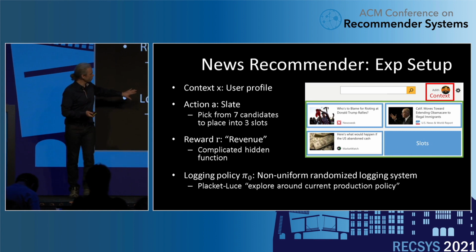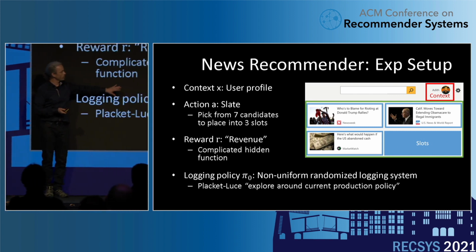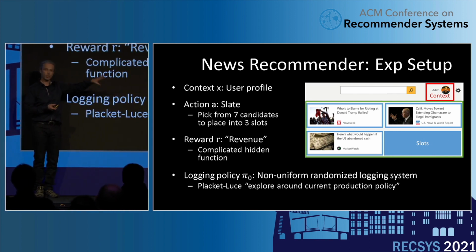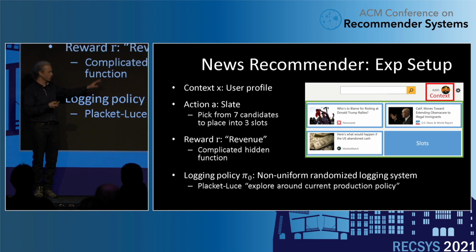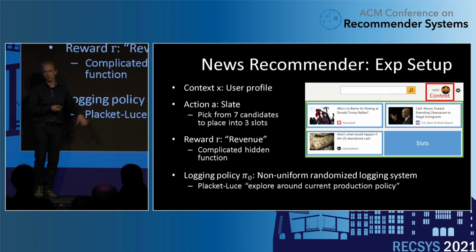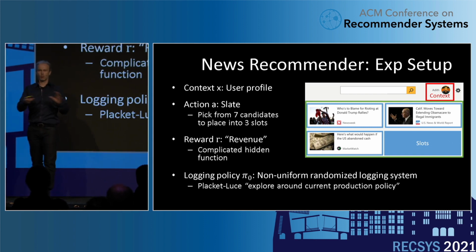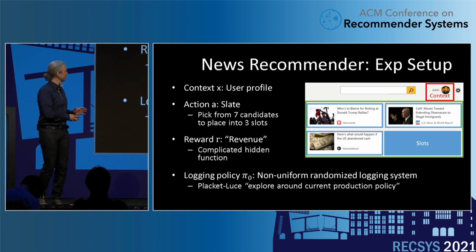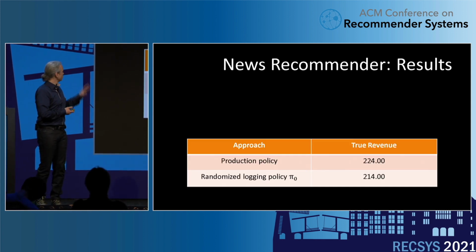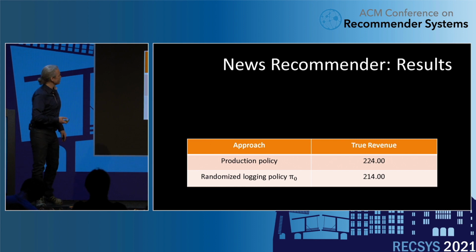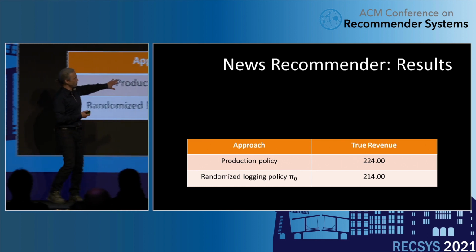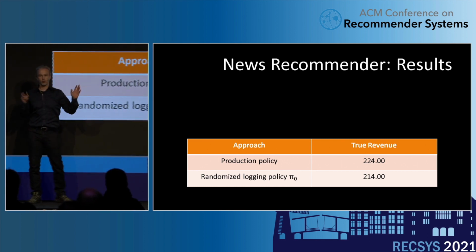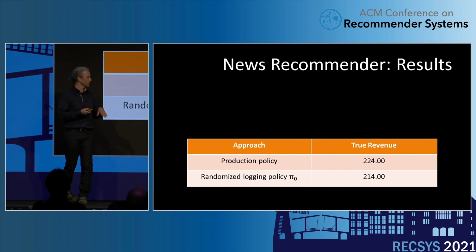And we have a logging policy pi-null that is pretty good. So we have an existing system that's pretty good at maximizing reward. And we make it a little bit more stochastic through a Plackett-Luce model, where basically we're randomizing a little bit so that we get full support. So here is the performance of the production policy, true revenue of 224 somethings, doesn't matter.